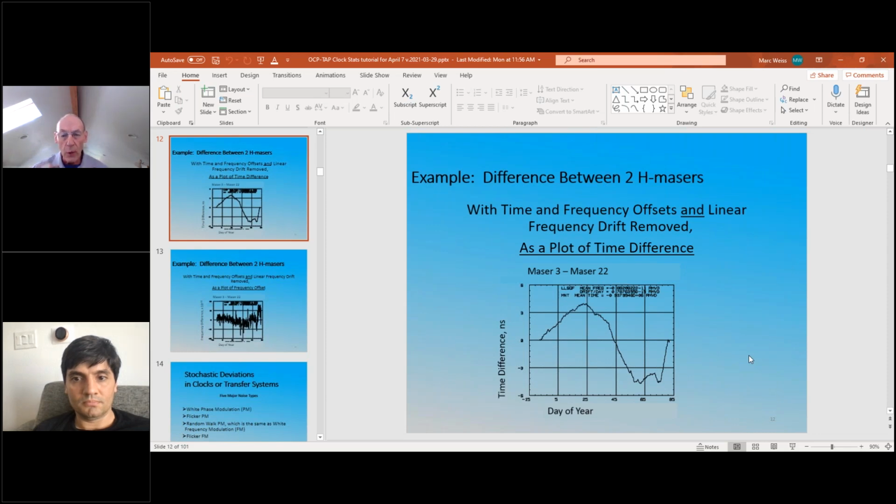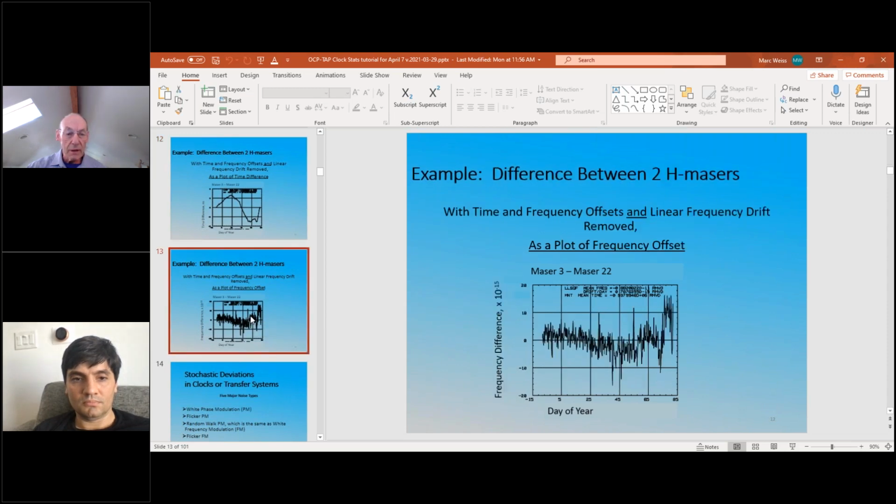You're looking at the square of the data, the variation of the square of the frequency data. So MTIE is the maximum time interval error. TDEV gives you the maximum of the frequency data as a function of tau squared, of the frequency squared. Does that answer the question?